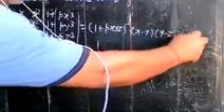Here the determinant has first column x, y, z, second column x square, y square, z square, and third column 1 plus px cube, 1 plus py cube, and 1 plus pz cube, equal to 1 plus pxyz into (x minus y), (y minus z), and (z minus x).